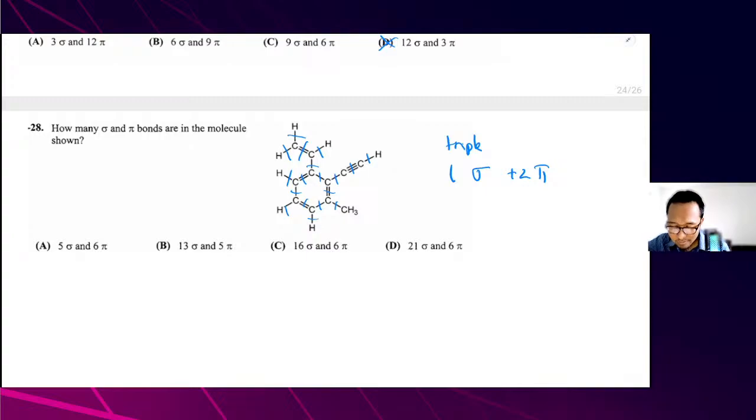What else? I don't know. Number 28. Why is it so difficult, bro? How many sigma?